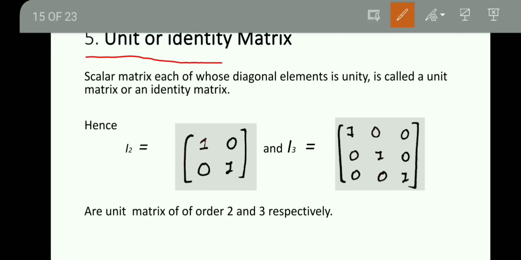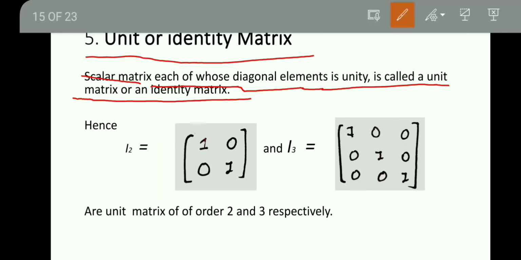Unit or identity matrix. A scalar matrix, each of whose diagonal elements is unity, is called a unit matrix or an identity matrix. This is a 2 by 2 matrix. The rows are 2 and the columns are also 2, and the diagonals are 1, 1.